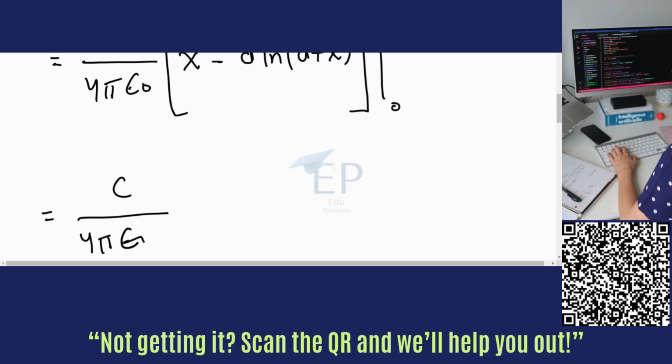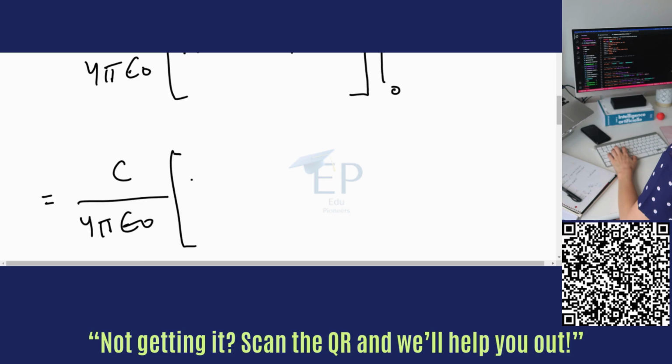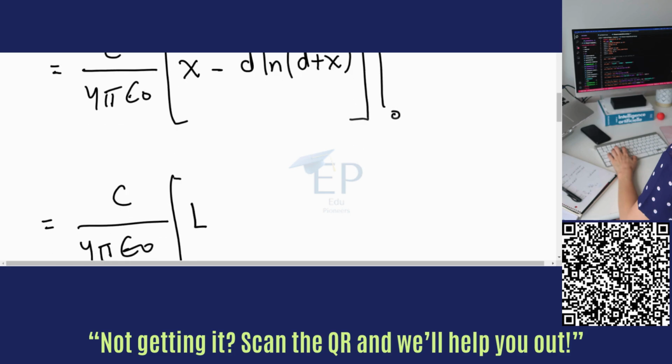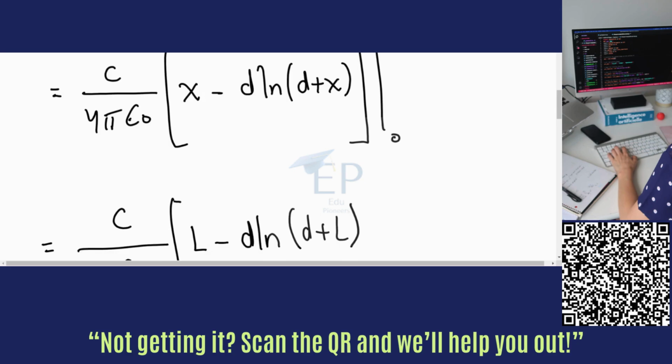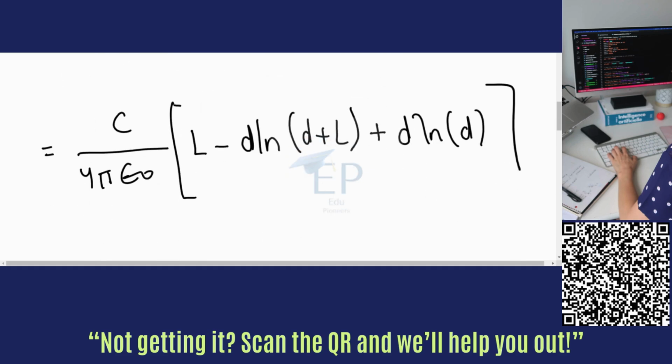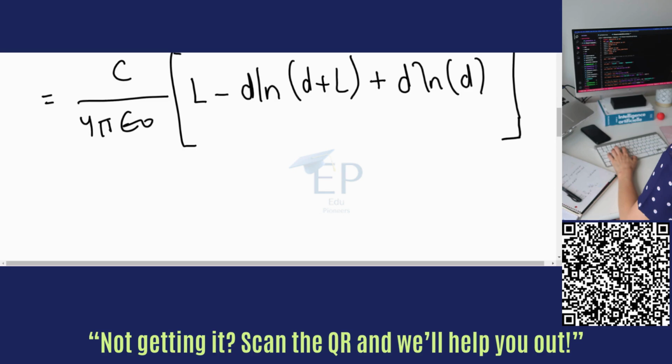So evaluated in L, it should be L minus d Neperian logarithm of d plus L. And for 0, we will have 0 in here, minus, so that is plus d logarithm of d. And we are left with this expression.